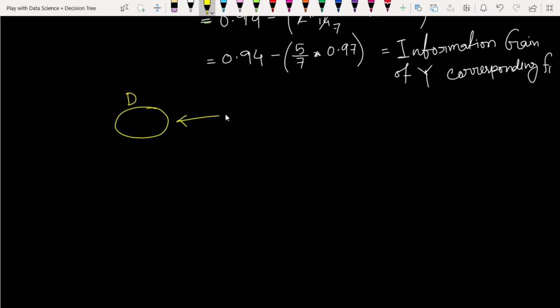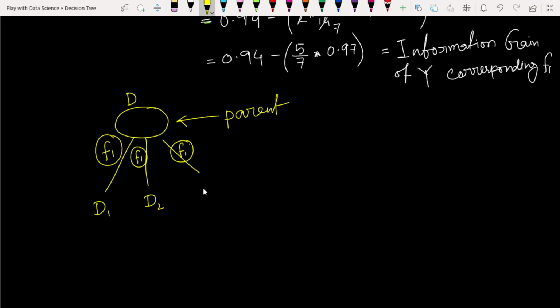Corresponding to the feature f1, we have divided this data into 3 portions, D1, D2, D3. These are called the child nodes, and this is the parent node.